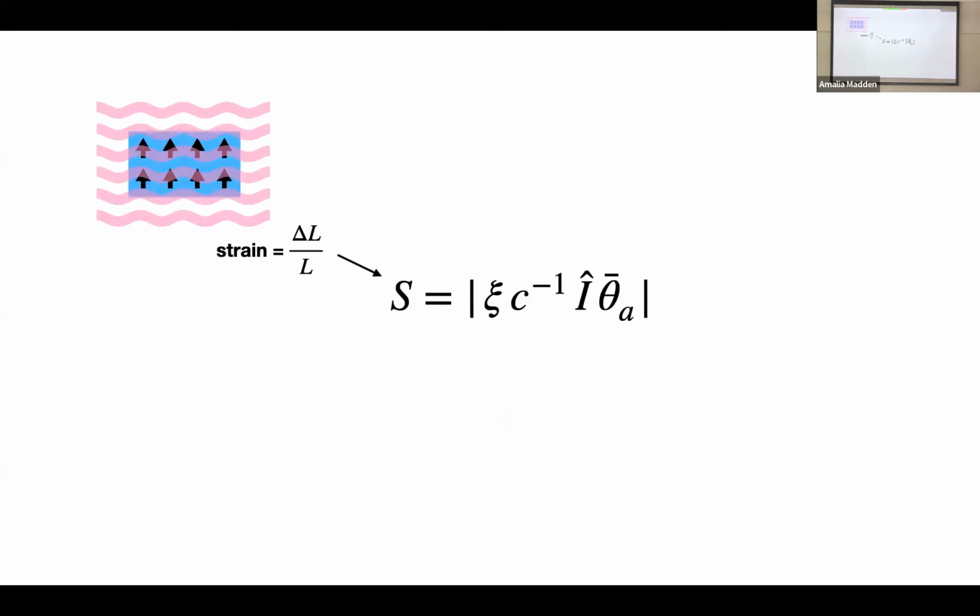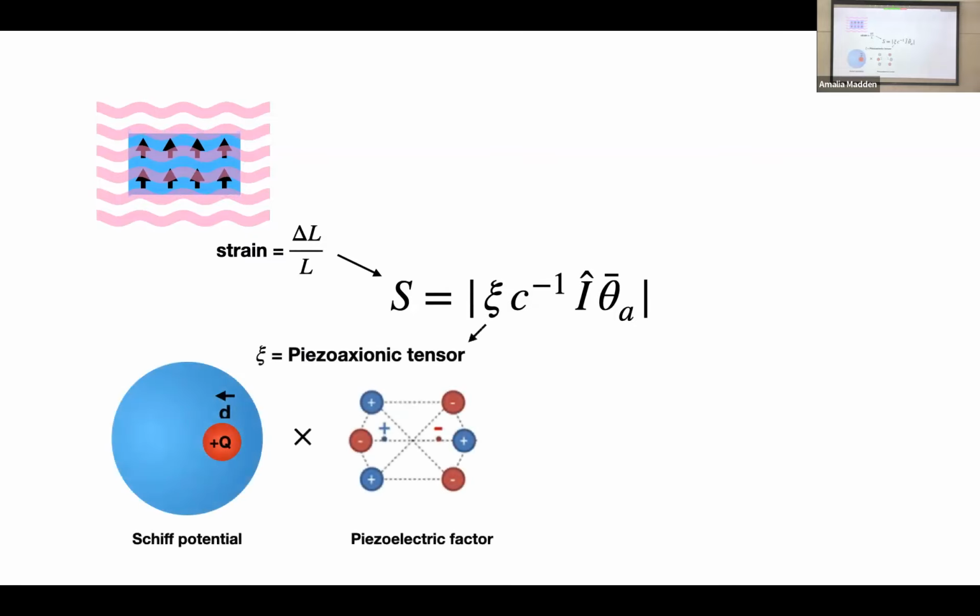So what can we compare this to, to understand how big this effect is? One thing we can think about is the equivalent strain that would be produced in this crystal by the piezoaxionic effect. A strain is just the dimensionless change in length of your crystal. As we said, it's related to this piezoaxionic tensor that depends on your shift potential and how strongly piezoelectric your crystal is. Sorry, the shift moment is concentrated basically on the location of the heavy nucleus.